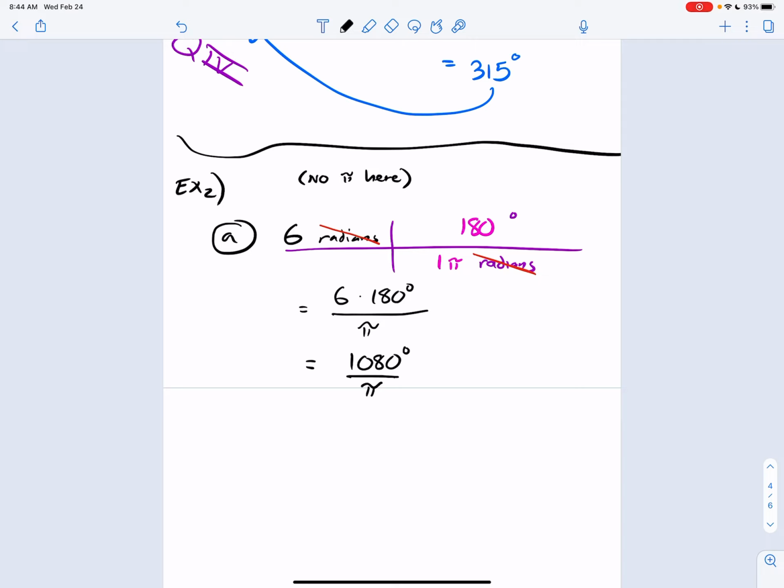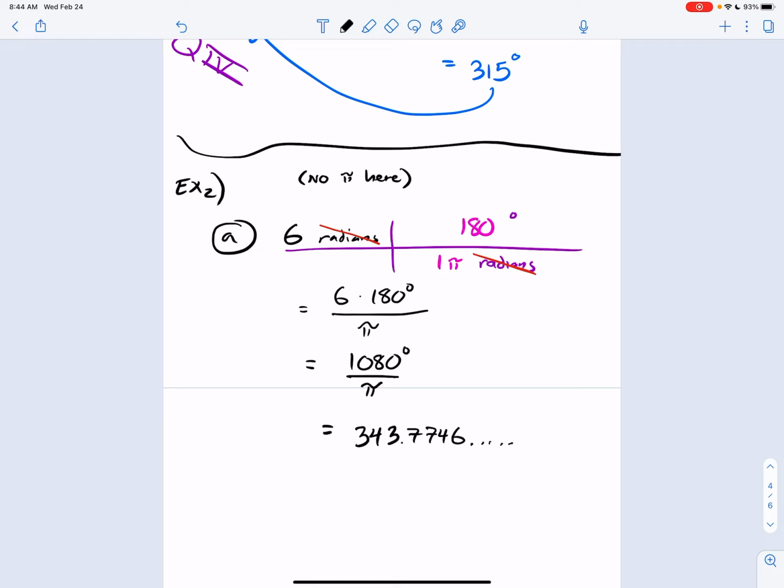So here's what you do. Here, you have to divide by literally pi, okay? So find your pi button. If you did it right, you should get 343.7746 and so forth.